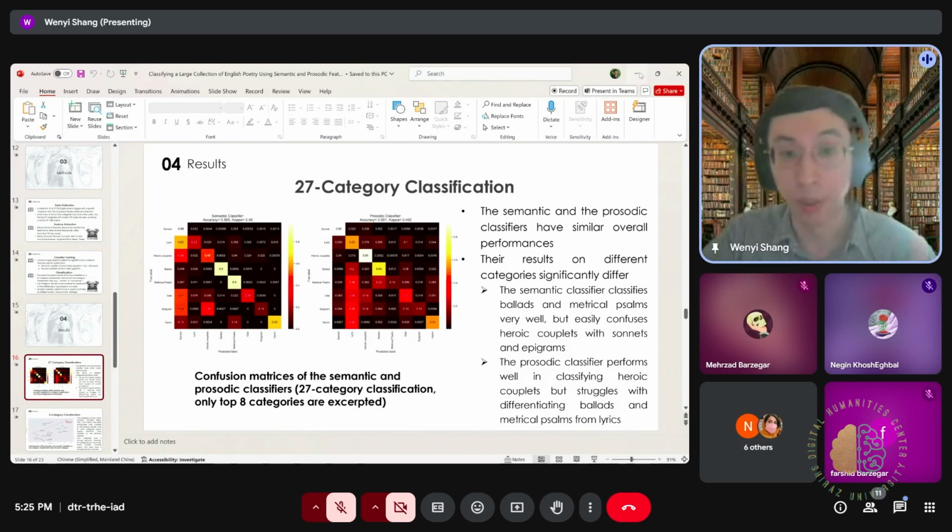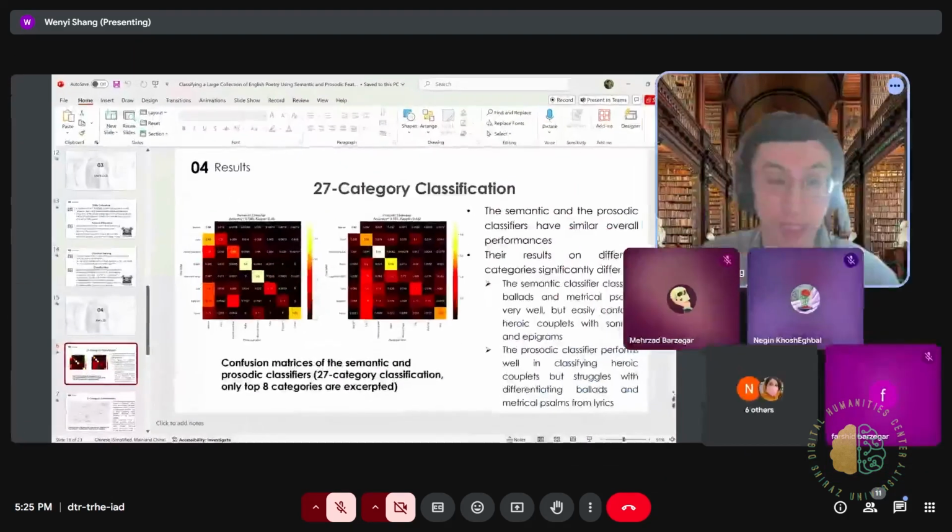So what the prosodic classifier does very well, these categories can be misclassified a lot by the semantic classifier, and vice versa. The overall performance of the two classifiers is quite similar, but they have very different performance on specific poetic categories.